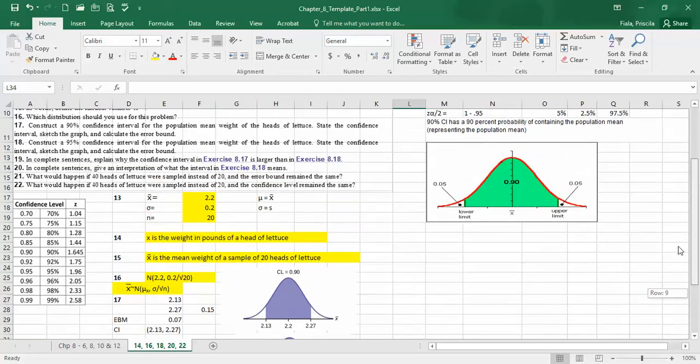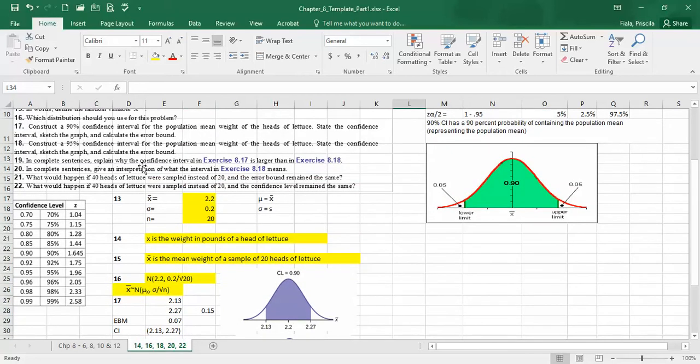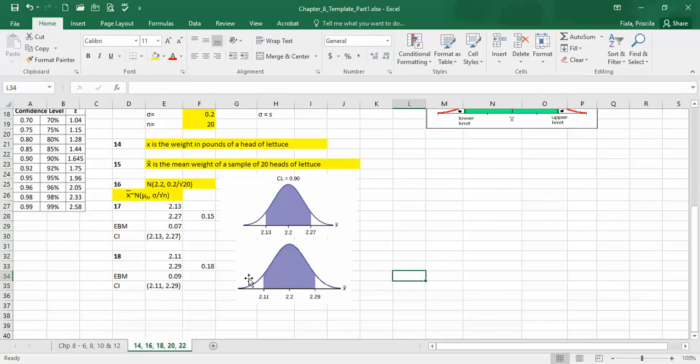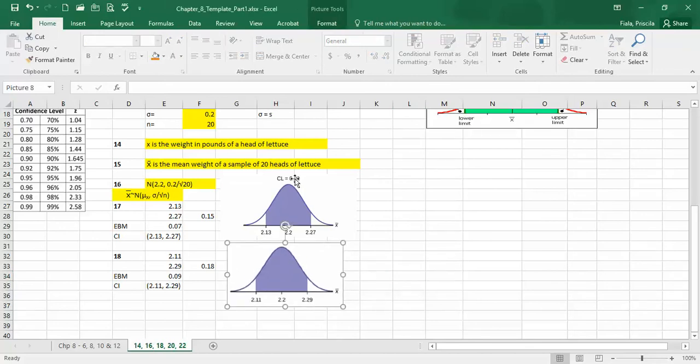It says why the confidence interval in this problem is larger than this problem. Well, the answer, if you would do it the other way around, would be the interval is greater because the level of confidence increases. Remember, this is 90%, this is 95%.